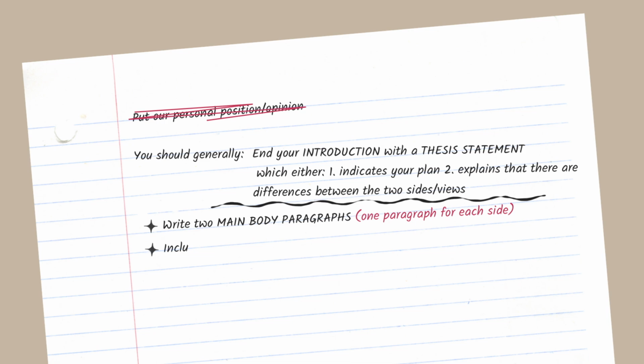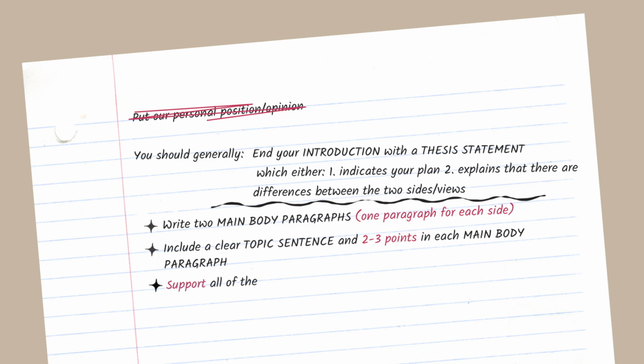And then you should include a clear topic sentence and 2 up to 3 points in each main body paragraph. And then you support all of the points in your main body paragraphs. So if, for example, you say that the advantages of this are 1, 2, 3, you should support each of these advantages, all right?